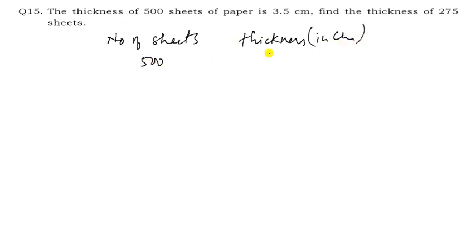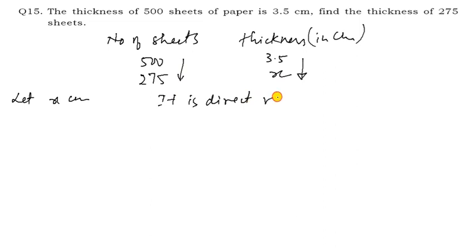So sheets, that is 500, and it is 3.5 centimeter, and the thickness of 275 sheets, let it be x. So let the thickness be x centimeter. Now both are direct variation because if the number of sheets is large, the thickness is large. So it is direct variation.